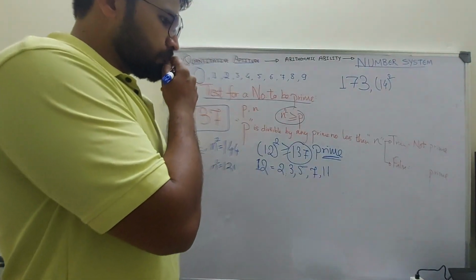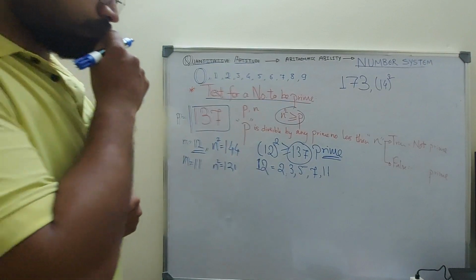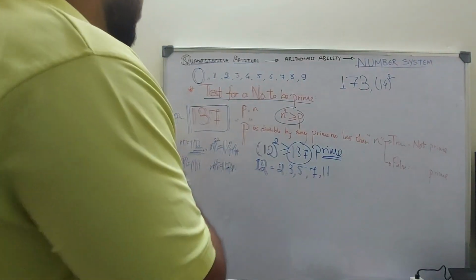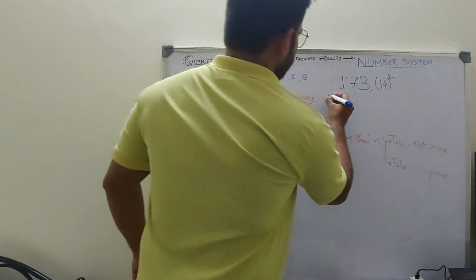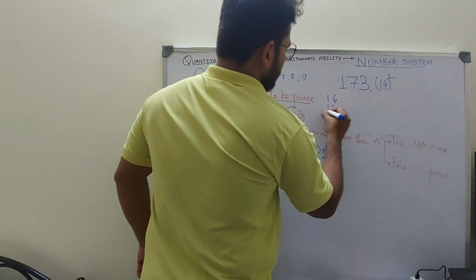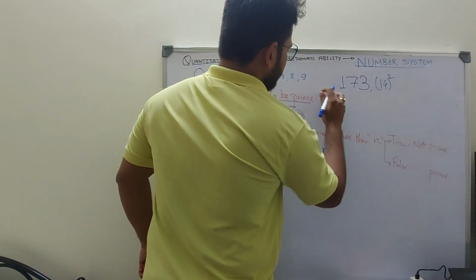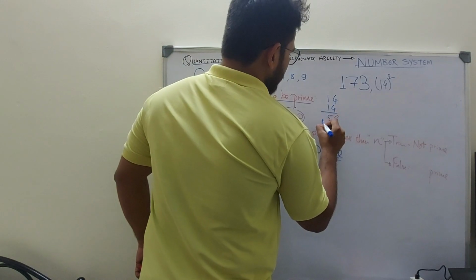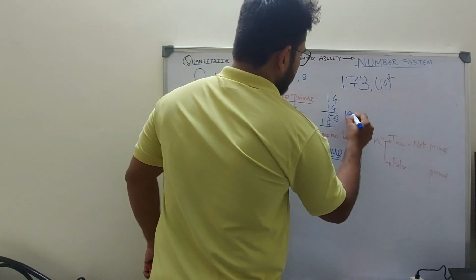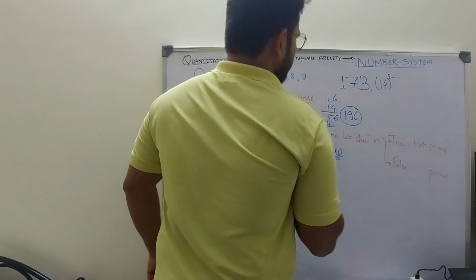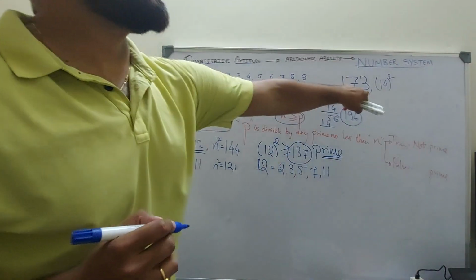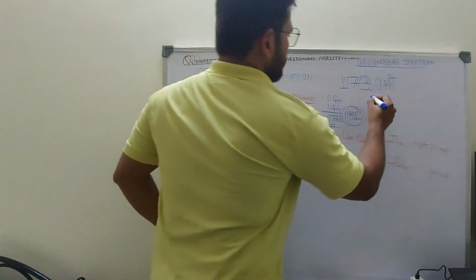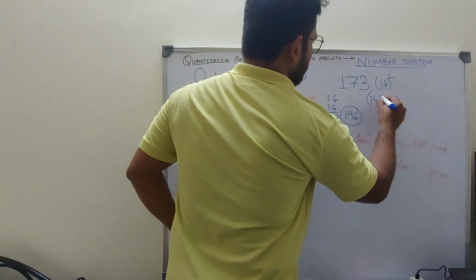Let me know. The square of 14 is, 4 fours are 16, 1 carried, 5, and again 14, it is 196. So 196 is greater than 173, so we are meeting this criterion.